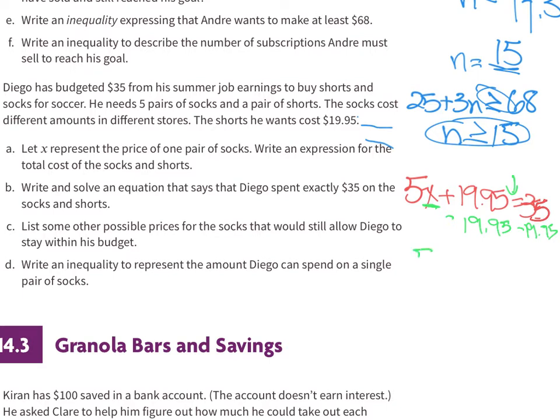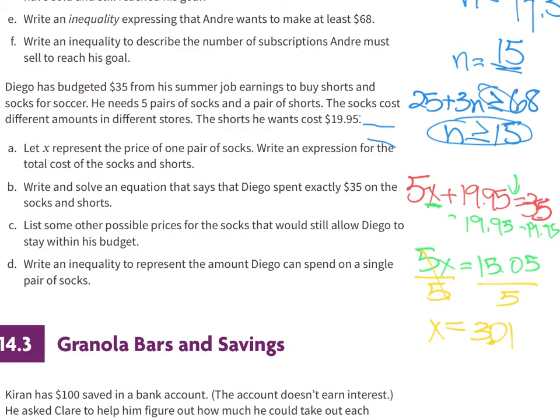So I have 5x equals $15.05. Okay, and then 5x means 5 times x, so to get rid of times, we divide. Remember, we always do the inverse operation, so 15.05 divided by 5 gives me $3.01 for each pair of socks. Okay?